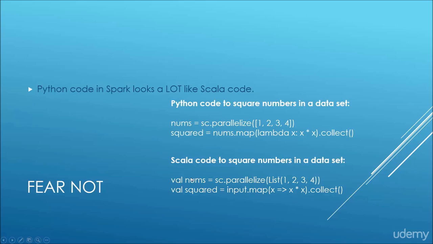But besides having to qualify some of our variables as being vals in Scala, where they're just untyped in Python, the code looks very, very similar in most cases. In fact, these two bits of code do exactly the same thing, and you can see the code actually looks extremely similar to each other. So even if you learn Spark using Python, it's not going to be hard to transfer that knowledge to Scala if you need to later on.